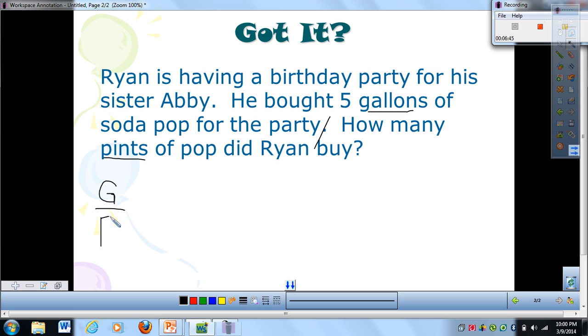If you look at your drawing of Gallon land, we know that in 1 gallon there are 8 pints. The question wants to know how many pints are in 5 gallons.